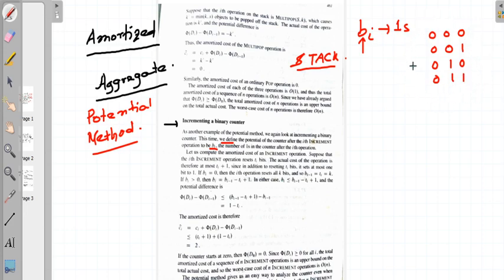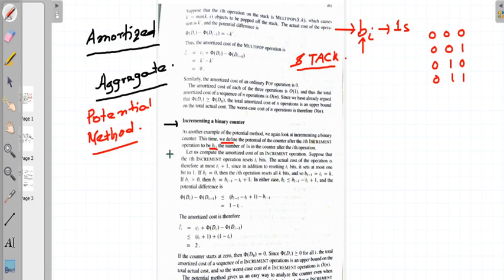That could be a clue for how we can set this data structure. That's why bi is defined as the number of ones in the counter after the ith operation.